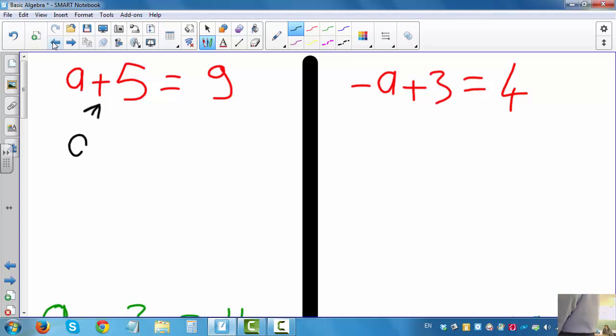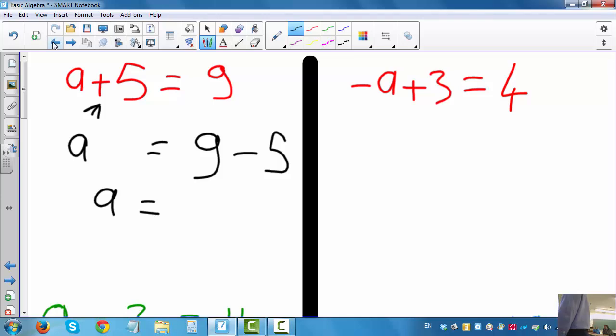So A, please don't change A, don't change the equation, don't change the 9. The only number you are dealing with is plus 5, which is addition, which will become subtraction over here. So A equals 4.